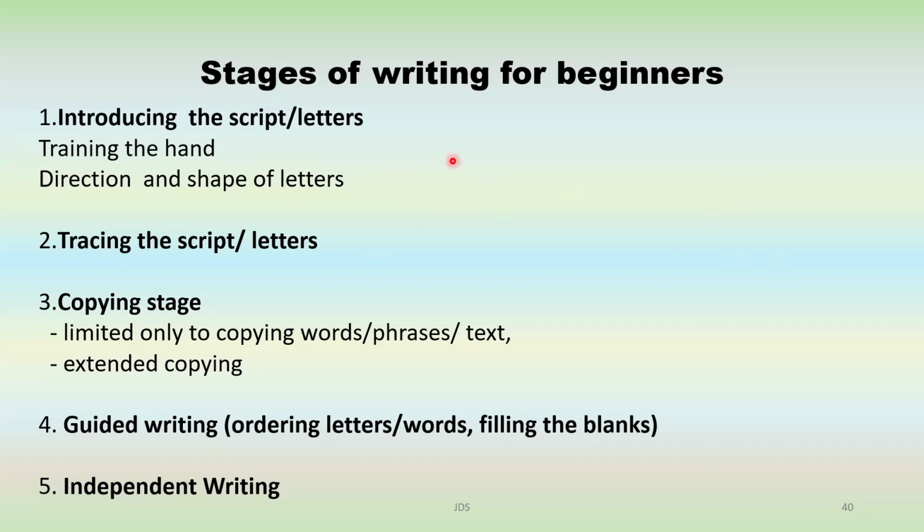Different shapes are introduced to the child. They need to name the shapes. It can be square, horizontal lines, vertical lines, zigzag, or half circle. All those shapes are introduced and they are made to draw them in their exercise book.